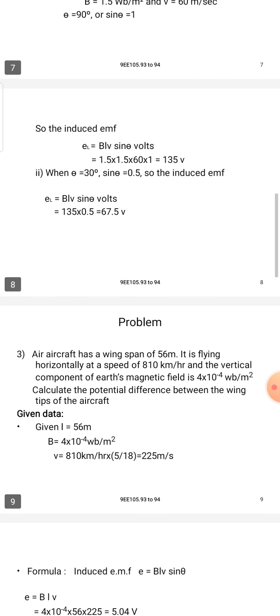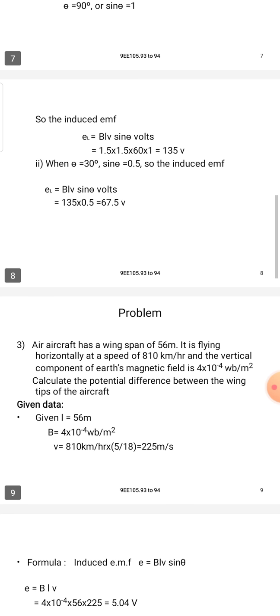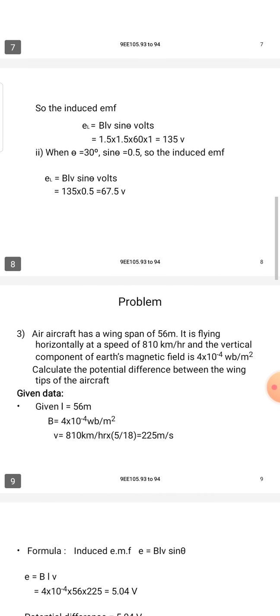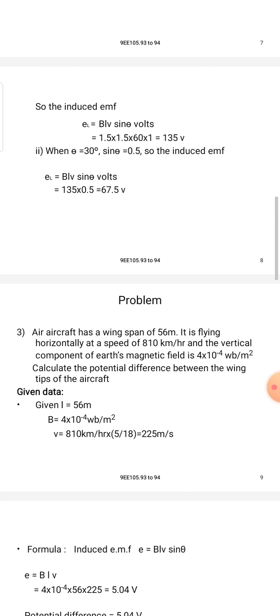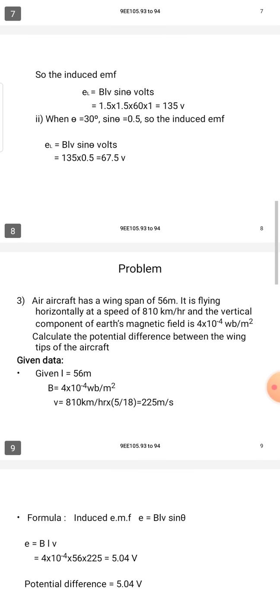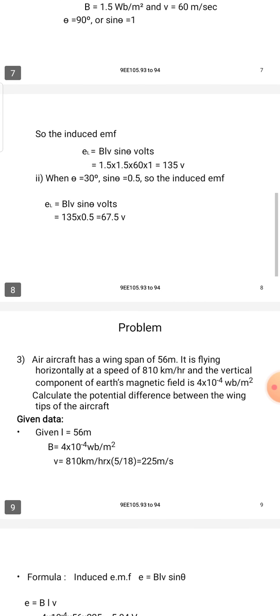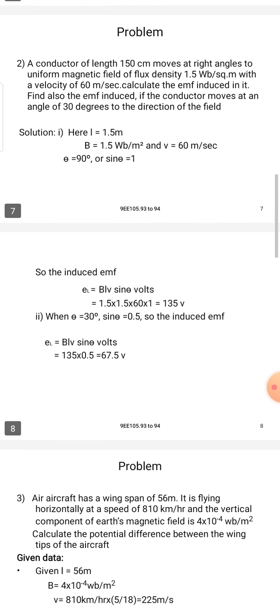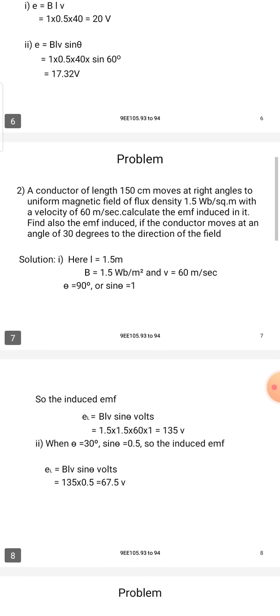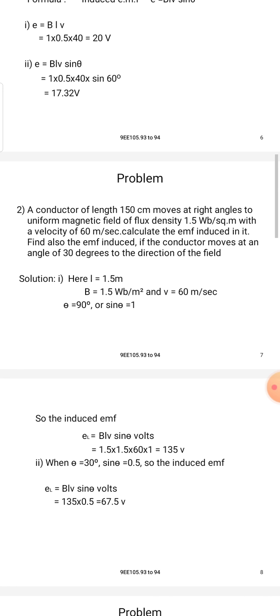Substituting the given values, B is equal to 1.5, length is equal to 1.5, and V is equal to 60 into sin 30, which is 0.5. You get the answer: induced EMF is 67.5 volts. So we found the induced EMF at two different angles, 30 degrees and 90 degrees.